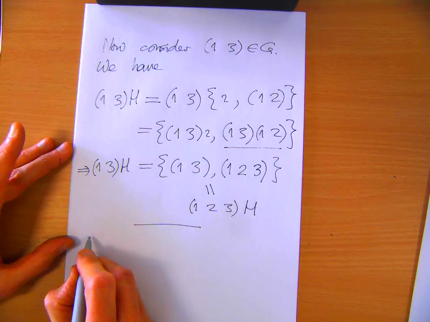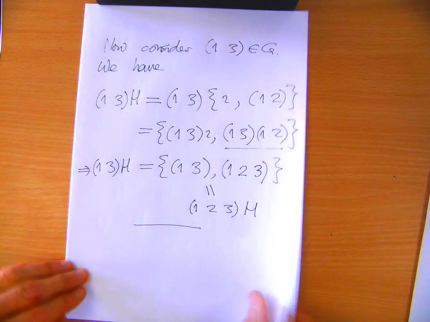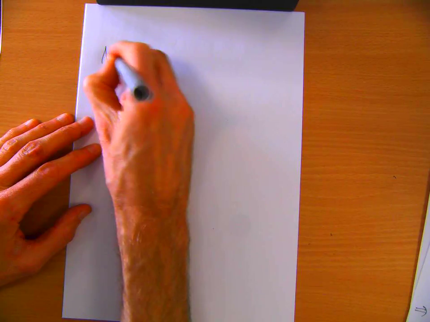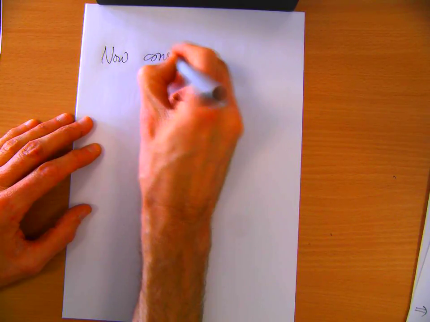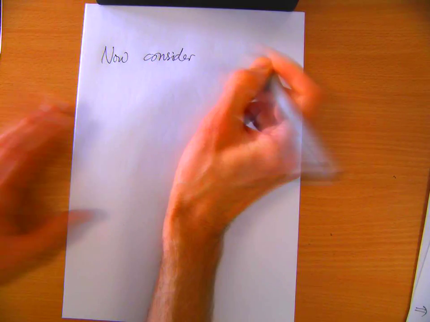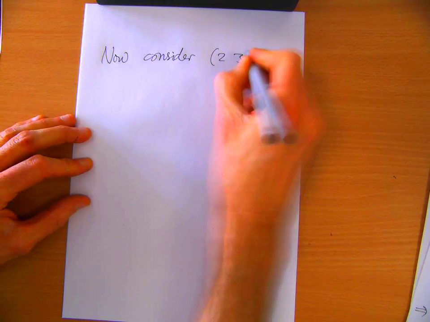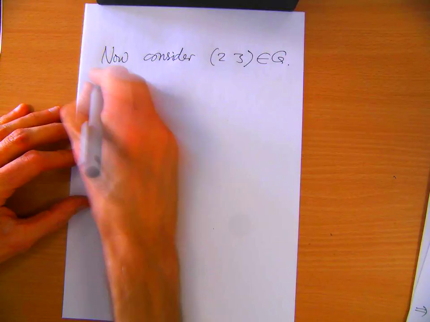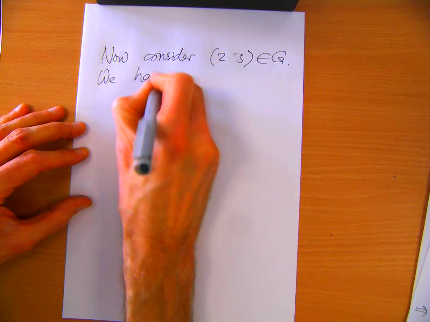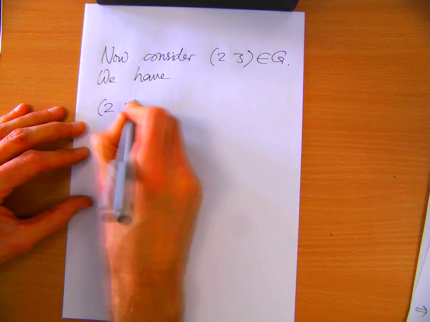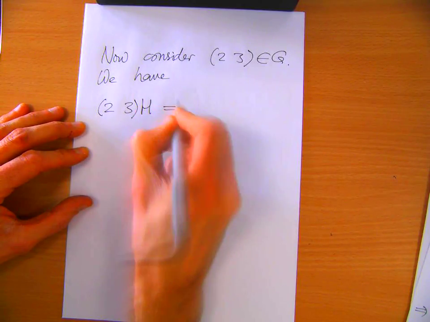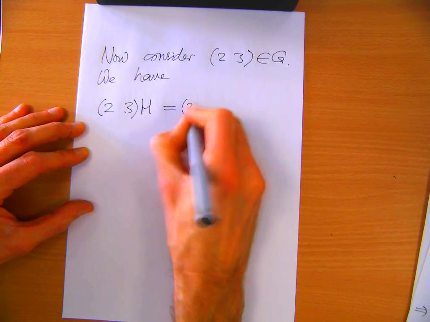We've dealt with the identity, we've dealt with (1 2), and (1 3), and (1 2 3). So what about (2 3)? The cell that contains (2 3) is (2 3) times H.